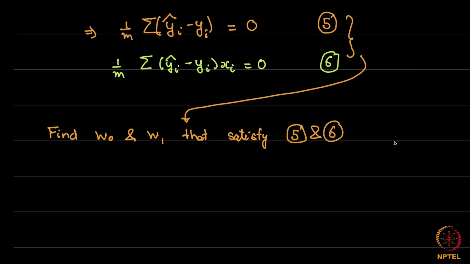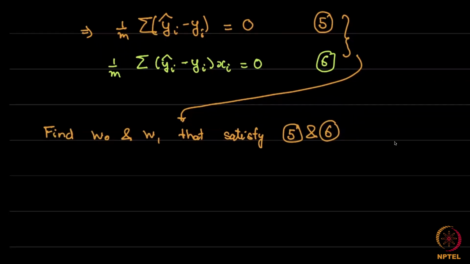All right. So at this point, you might think, what is the meaning of these two equations? What is the meaning of equations 5 and 6? And how do we proceed in solving for W0 and W1? So let us look at that in a short way. What does this first thing mean?